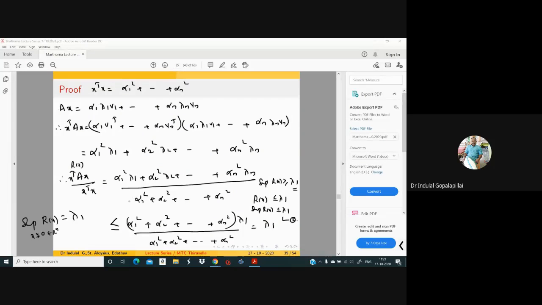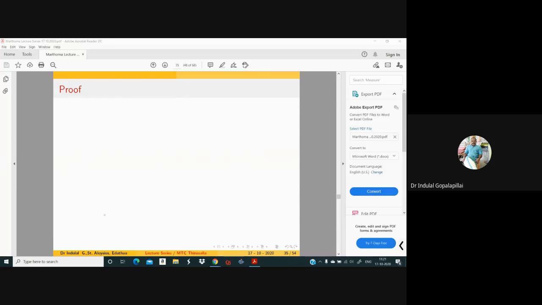In a similar way, we can show that the infimum of these Rayleigh quotients is the smallest eigenvalue lambda n. This result can be further modified to find the estimates of the second largest eigenvalue, third largest eigenvalue, and so on.